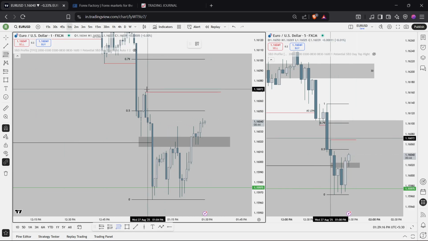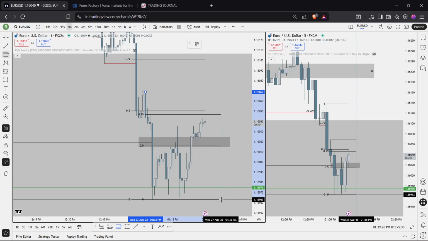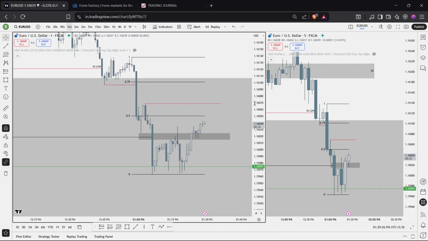I consider this range just reached the equilibrium. Yeah, so it just broke through the equilibrium of the overall range, if it's not interested in this equilibrium.